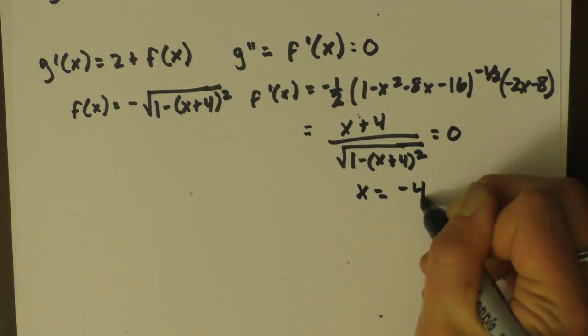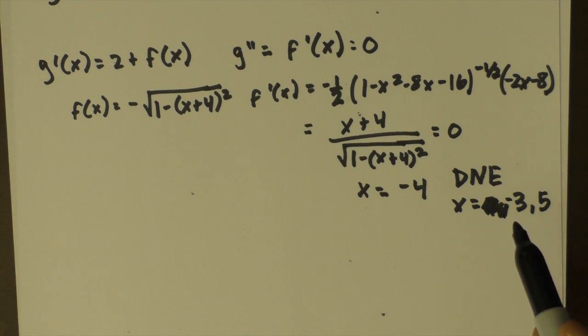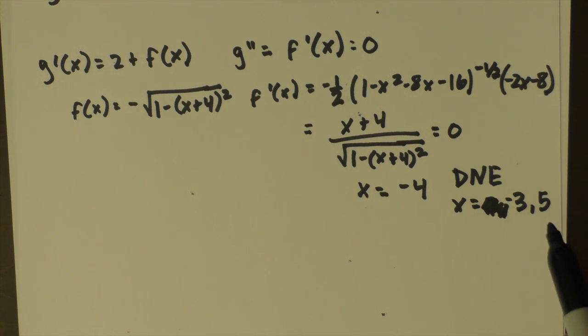This derivative does not exist for the x values of -3 and 5. These are also going to be used as possible points of inflection when solving with the second derivative test. However, we can exclude the value 5 because it does not fall in our interval -4 to 3.